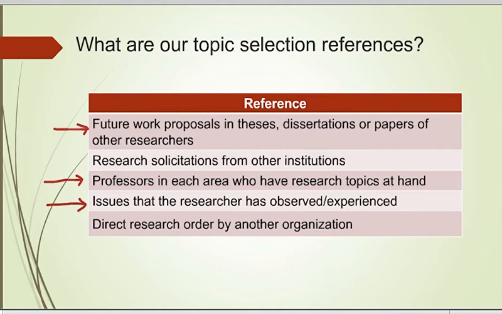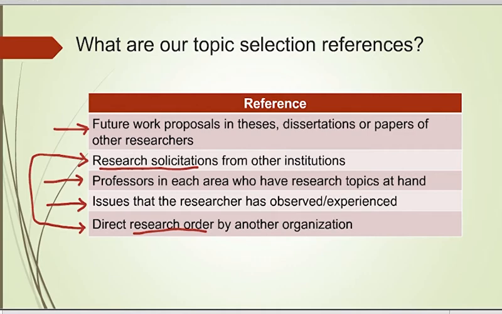But other than these, there are two more ways of finding a research title. Either research solicitations or research orders.